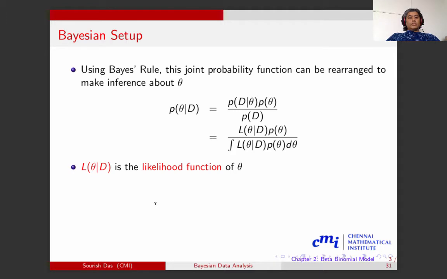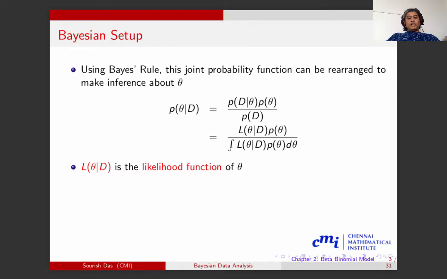Using Bayes' rule, the joint probability function can be rearranged to make inference about theta. We can come up with a conditional probability of theta given D as probability of D given theta times P of theta, divided by P of D. Now P of D given theta is effectively the likelihood function of theta, which typically we write as L of theta given D, times P of theta.